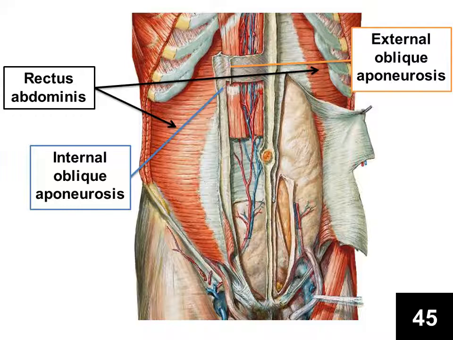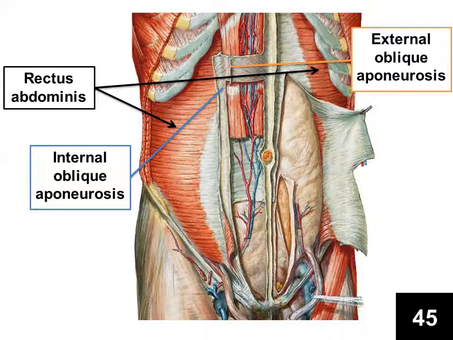Also to the anterior two-thirds of the iliac crest and the lateral one-third of the inguinal ligament. The muscle ends in an aponeurosis that joins that of the opposite side in the linea alba.